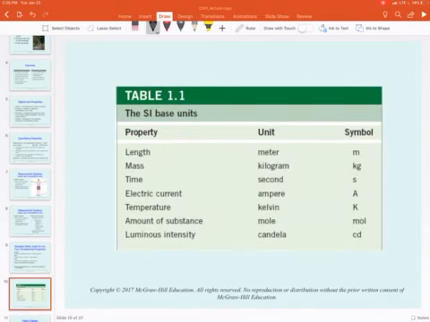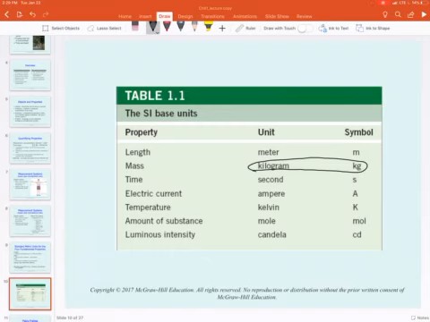Okay, this next slide is just showing you those 7 base units again, and the only one that I really want to point out here that's kind of funny is the kilogram. The only reason I say it's funny is because if you look at all of the rest of those units, they don't have prefixes like kilo or hecto or deca. So why is this considered a base unit?